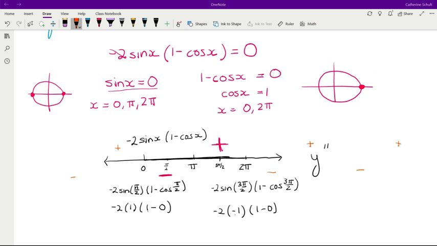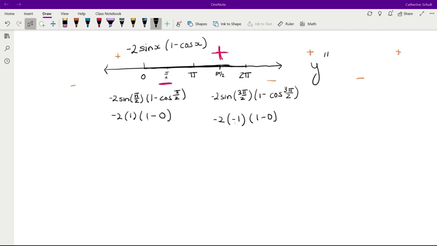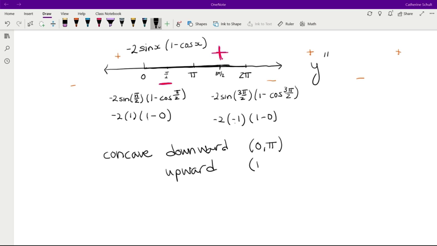So on the first period, 0 to 2 pi, if it's negative, it's concave downward on 0 to pi. And concave upward where the double derivative is positive. So there you go.